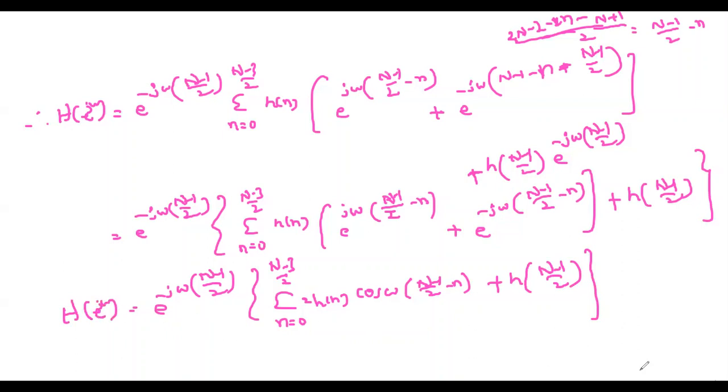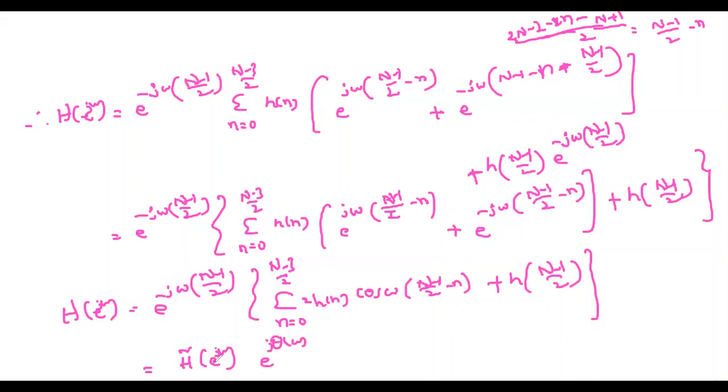Okay, this is total H(e^jω). If you compare this with the magnitude response, suppose I assume the magnitude response is Ĥ(e^jω) at an angle of e^(jθ(ω)), and this also you can take as the angle, theta of e^(jθ(ω)).